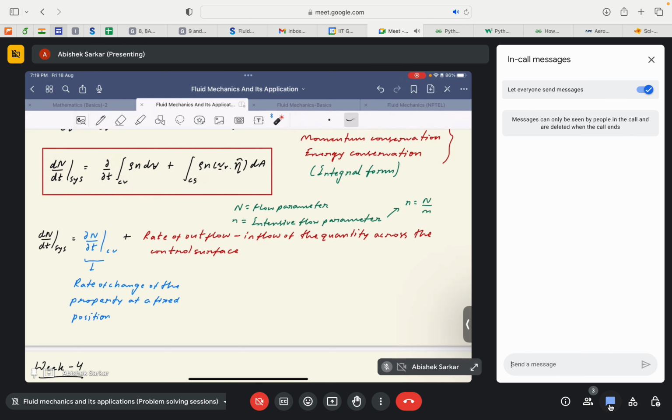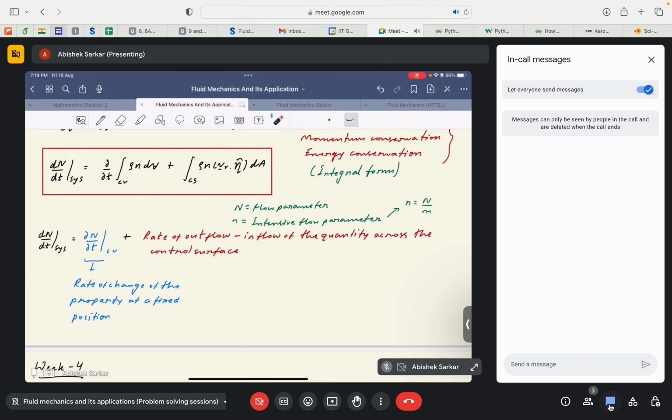Then the second term basically denotes the net flux of that flow property across the control volume, basically the net outflow minus the net inflow of that flow parameter.